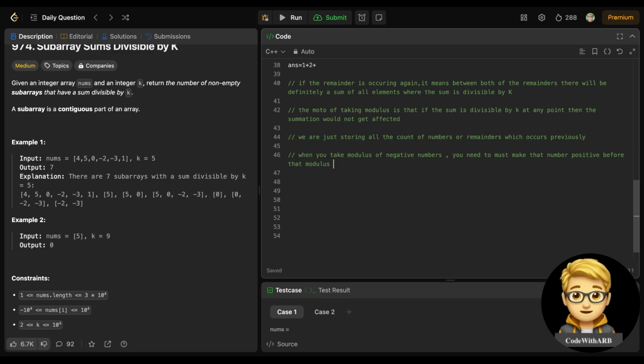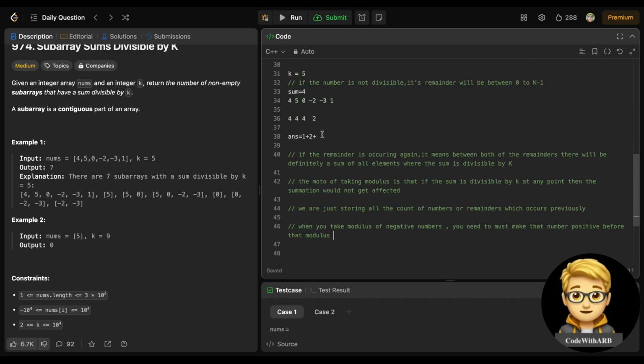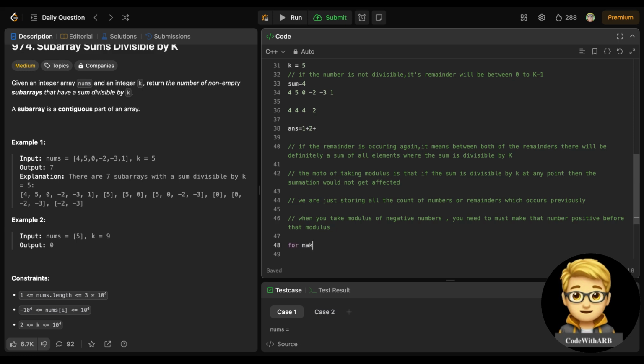Because when you want to determine the remainder of anything, you must do this. So for making a positive number, what we need to do is simply add k to that number, right?